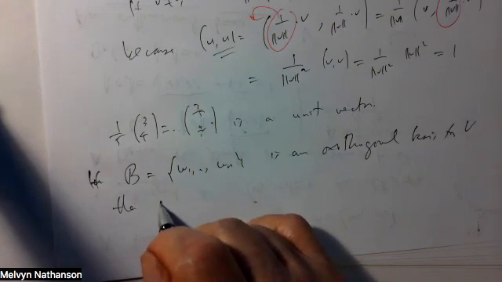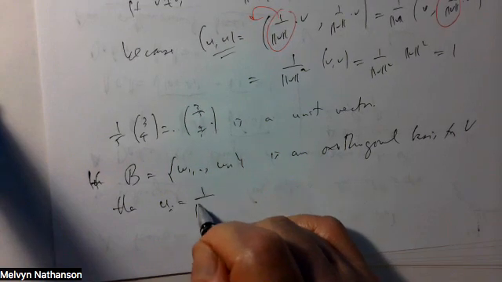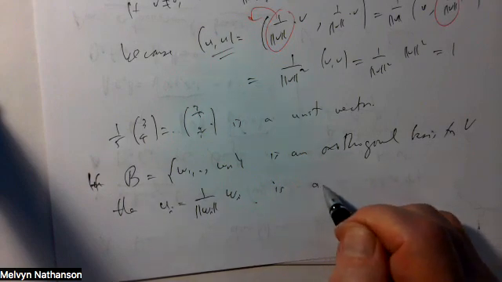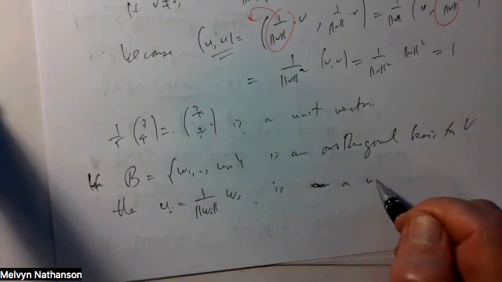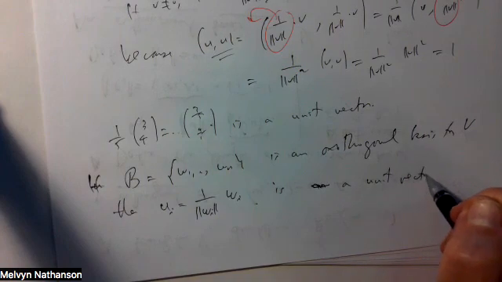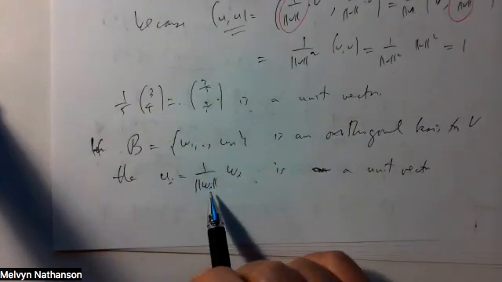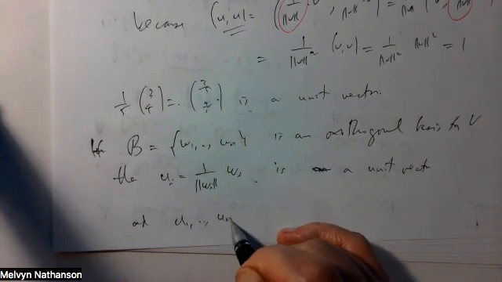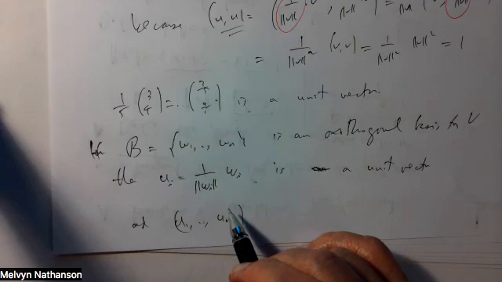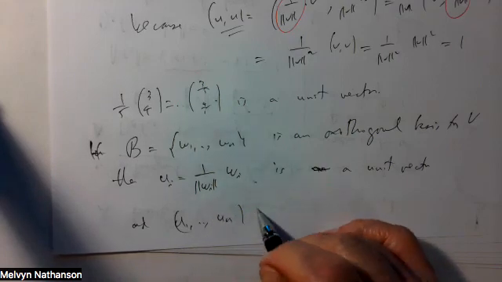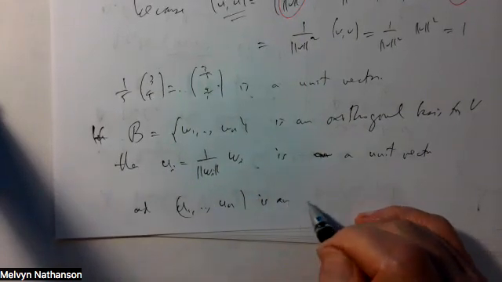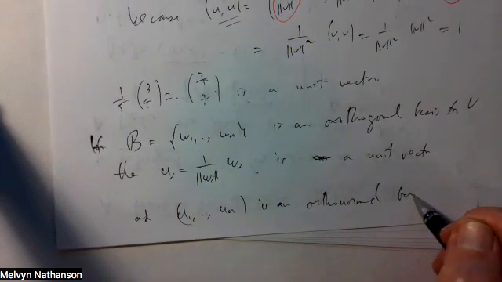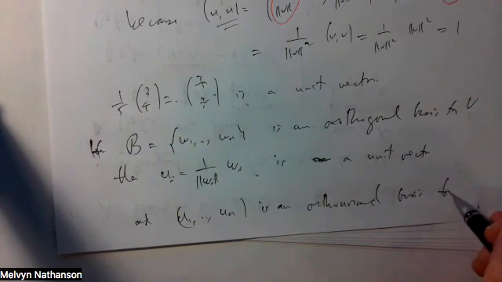So if I let u sub i be 1 over the length of w sub i times the vector w sub i, it is a unit vector. Dividing any vector by its length gives a unit vector, and the sequence u1 up to un still is orthogonal, but now these vectors are unit vectors. So this is an orthonormal basis for V.